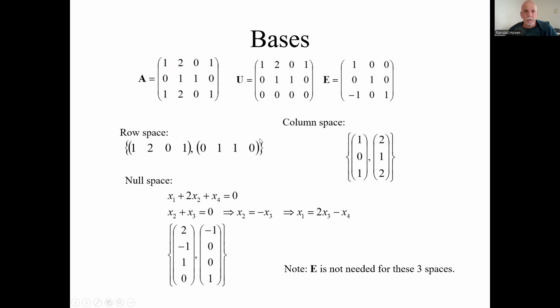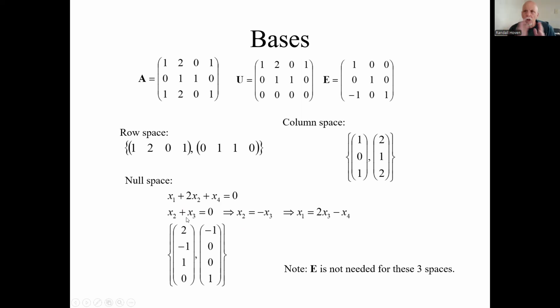The null space. This is just in row echelon form, not reduced row echelon form. What this top row means is x1 plus 2x2 plus x4 equals 0. This second row means x2 plus x3 equals 0. Because we didn't go full Gauss-Jordan, we got to do a little extra algebra here.